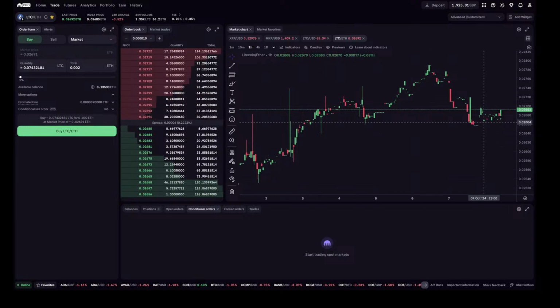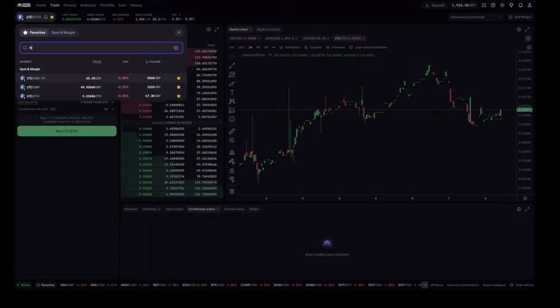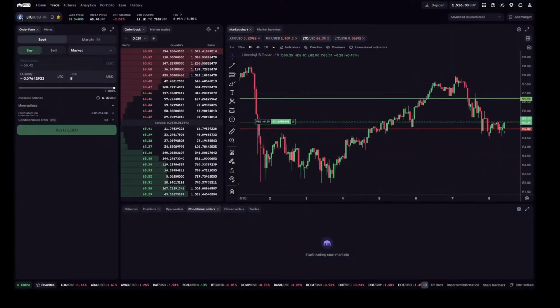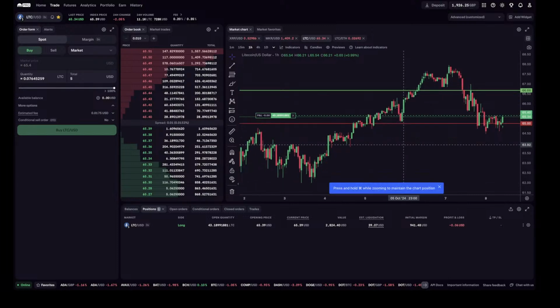So I'm going to trade this up. It might go down. So let's see what happens here. I'm going to manually trade this leverage trade.